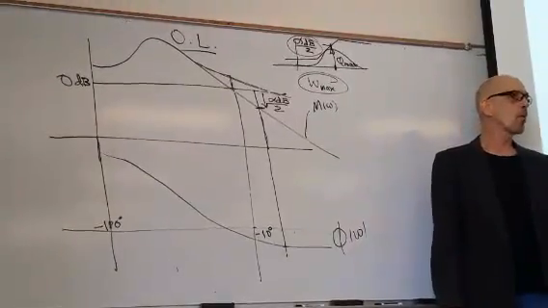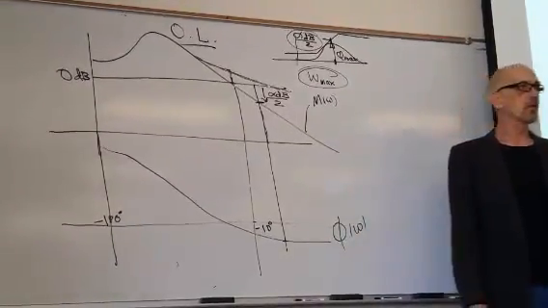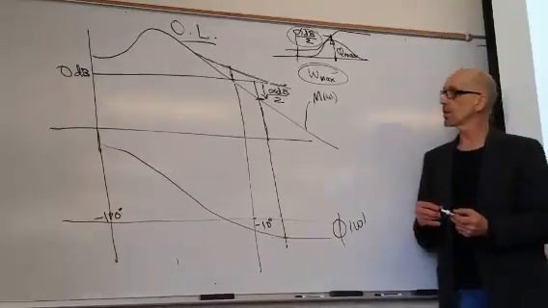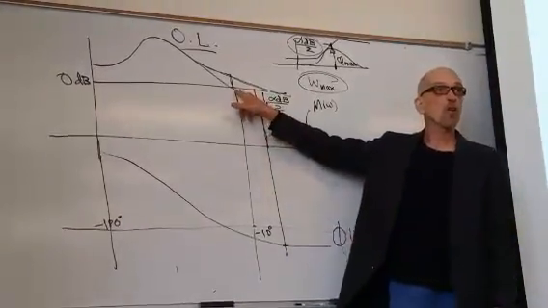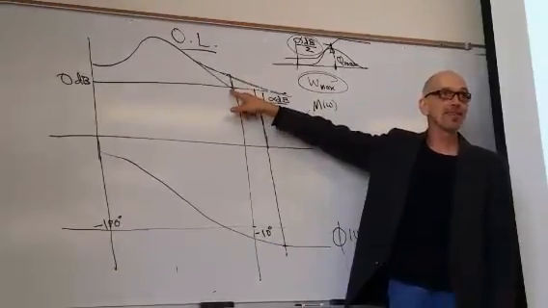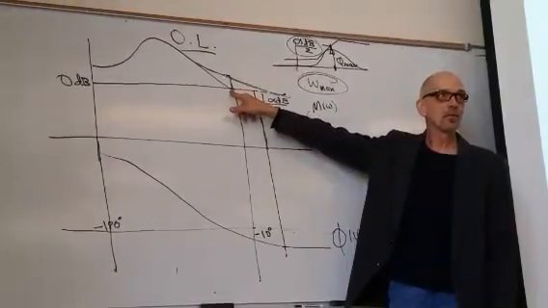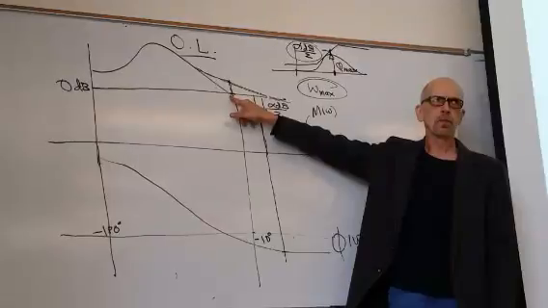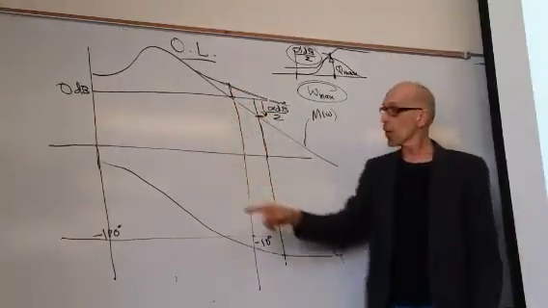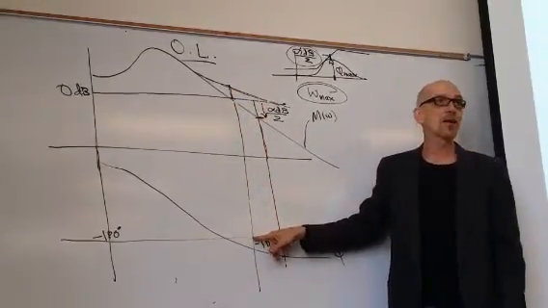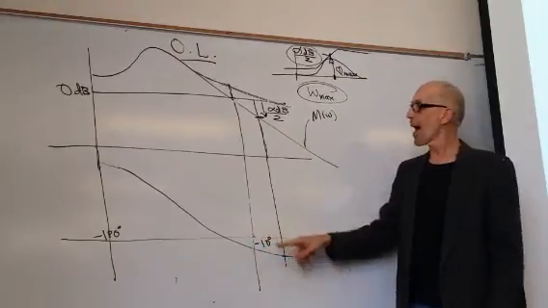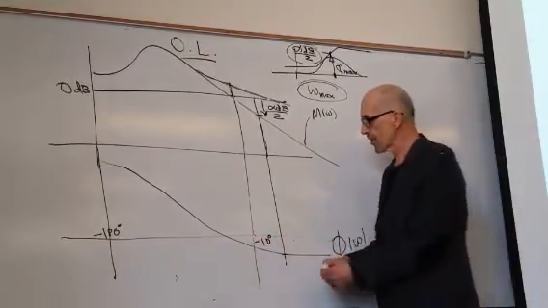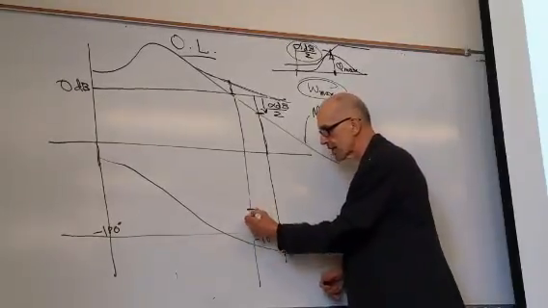Now, he brought up a more advanced problem, which is the following. What if I told you that I wanted that gain crossover to stay where it is? Now I'm telling you, you have to put the compensator here. And in a way it's easier, but the problem is, you put it here, you're going to get your 30 degrees here, aren't you?